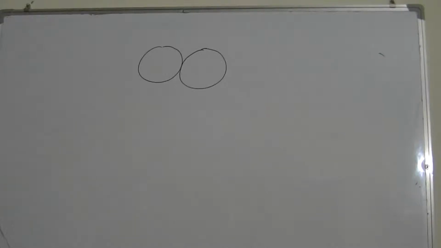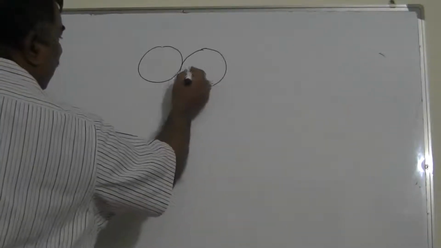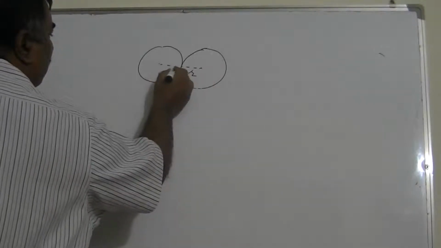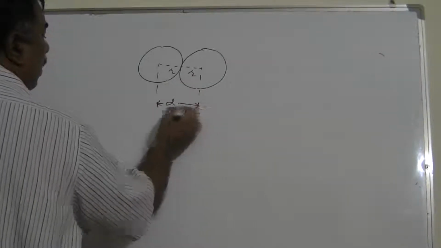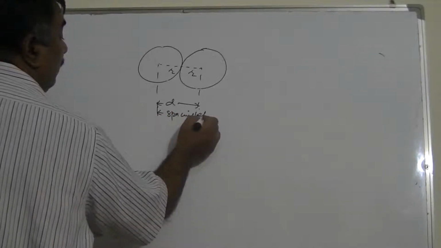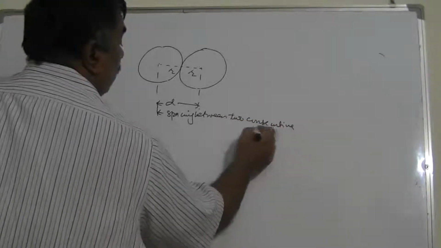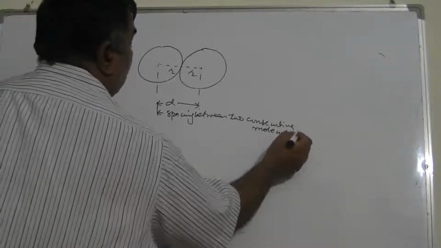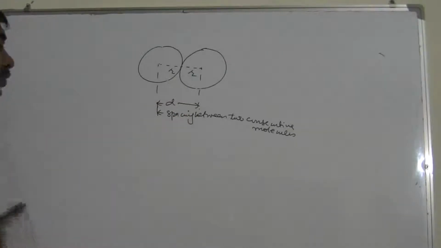Here this one has radius r, and this also has radius r, but this becomes the diameter d. And it is also the spacing between two consecutive molecules. The spacing between two consecutive molecules and the diameter of a single molecule are always the same thing.